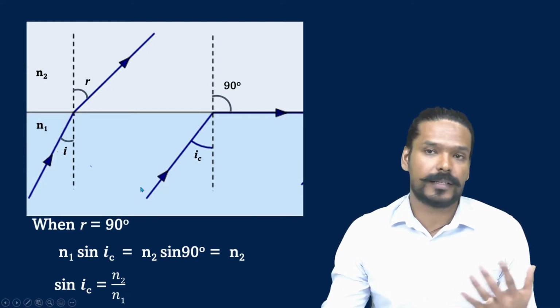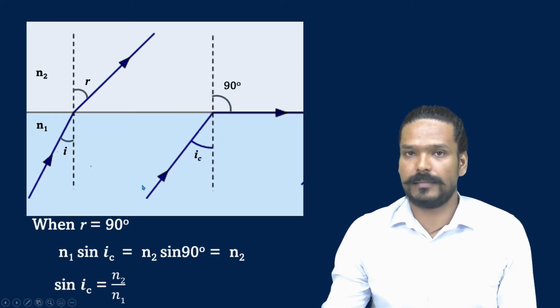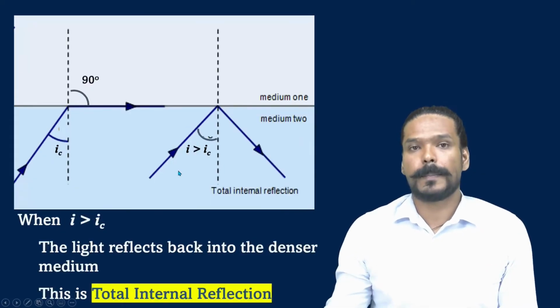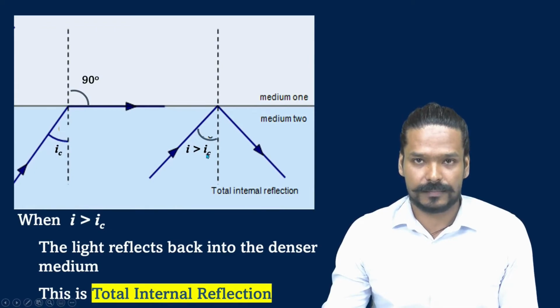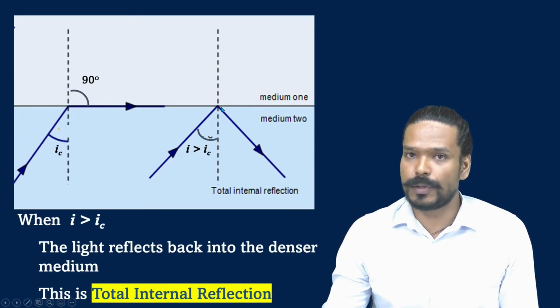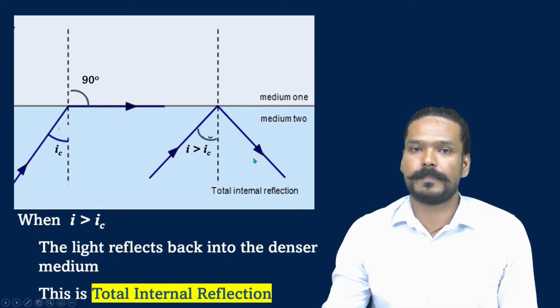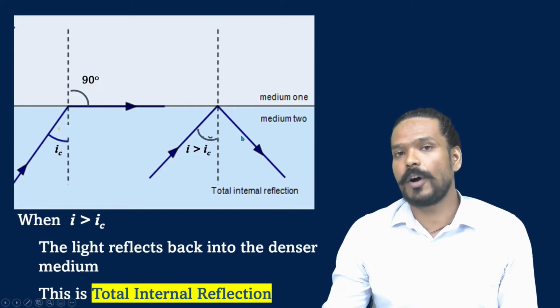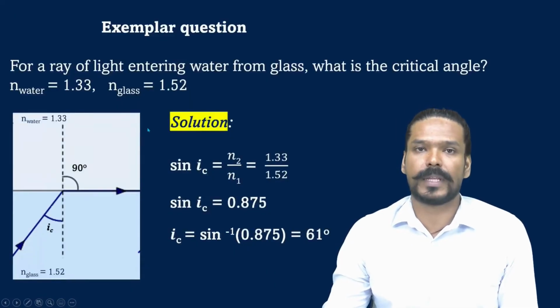So the higher the refractive index, the lower will be the critical angle. So now if the angle of incidence is greater than the critical angle, we know that the light ray will undergo total internal reflection and it is reflected back into the same medium, right? So this phenomenon is basically called total internal reflection.